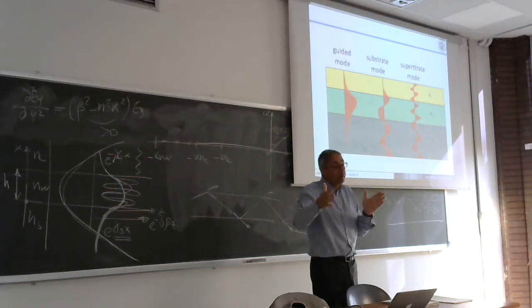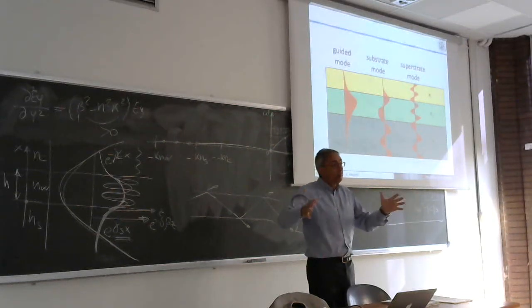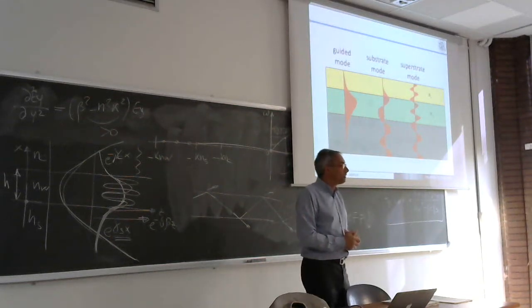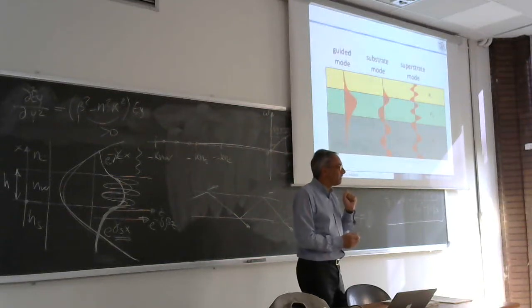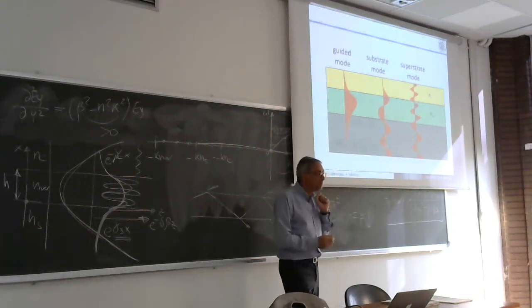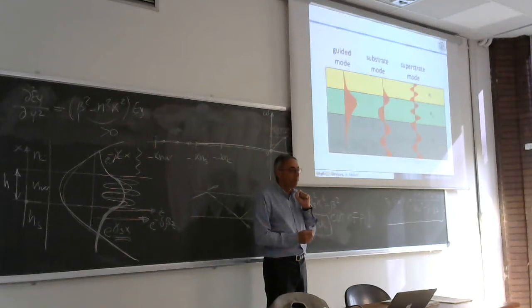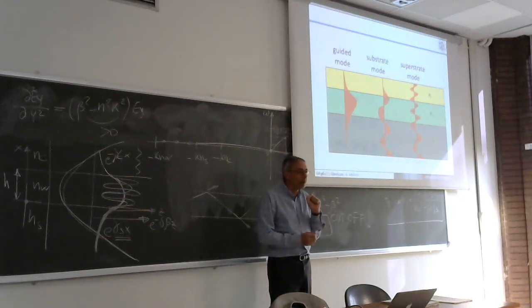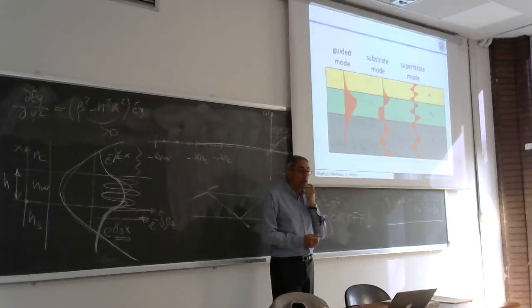And then when it propagates, it goes away. But assume to be just a little bit before the cutoff, a few hertz before the cutoff. Mathematically, the mode is not guided. The mode cannot travel for kilometers. It is not guided, it loses energy.